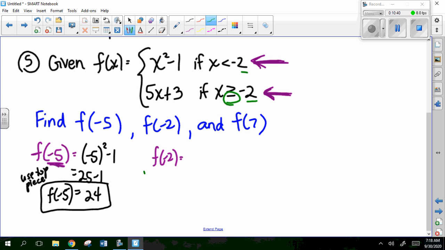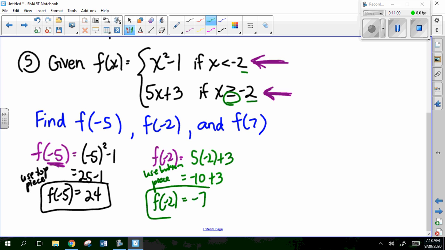So for this one, we're going to use the bottom piece. If I plug in -2 for x, I'm going to get 5 times -2 plus 3 is -7. So that is what f of -2 is.